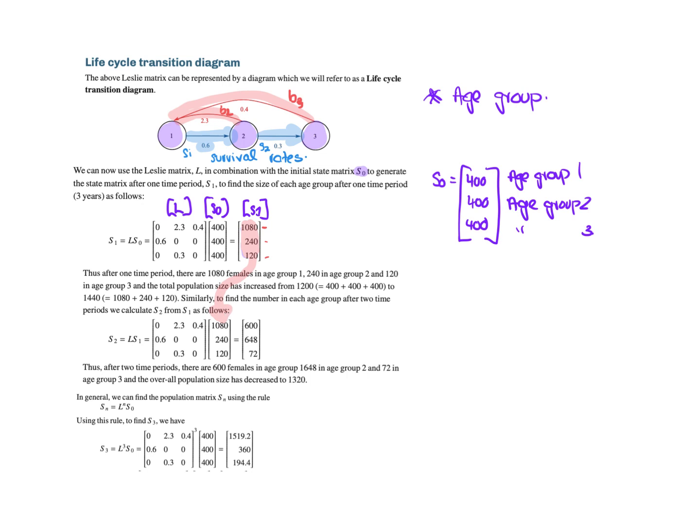So you can get the next one by using the one before, or like in our transitions, if we want to go a little bit quicker, we can do that power trick, and we can always use S0. Here when we want S3, what they've done is they've done the Leslie matrix to the power of 3 times S0, and that gave it.